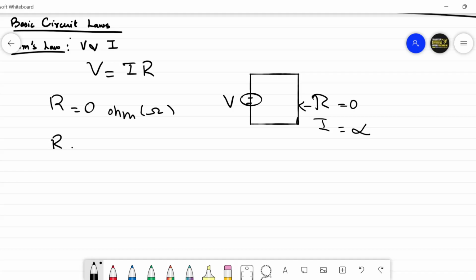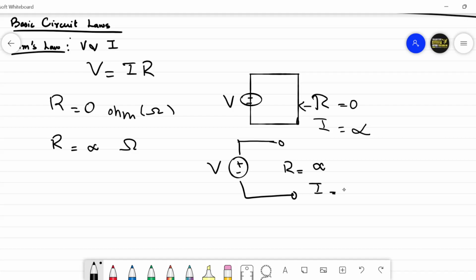And if resistance of any circuit is infinite, such a circuit is an open circuit, denoted like this. So resistance here is infinity. That means it's offering an infinite amount of resistance, and if an infinite amount of resistance is being offered, current will not flow in such a circuit.